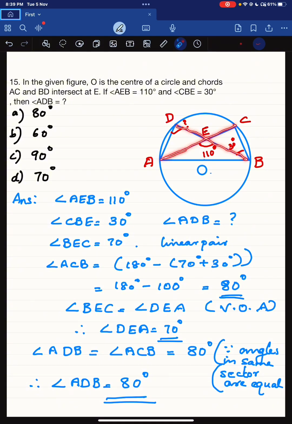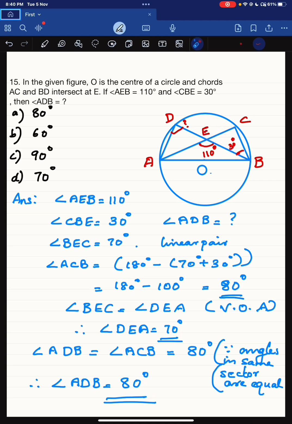If it is a linear pair, these two angles, angle AEB plus angle CEB, together form 180 degrees. So how will we find angle CEB?